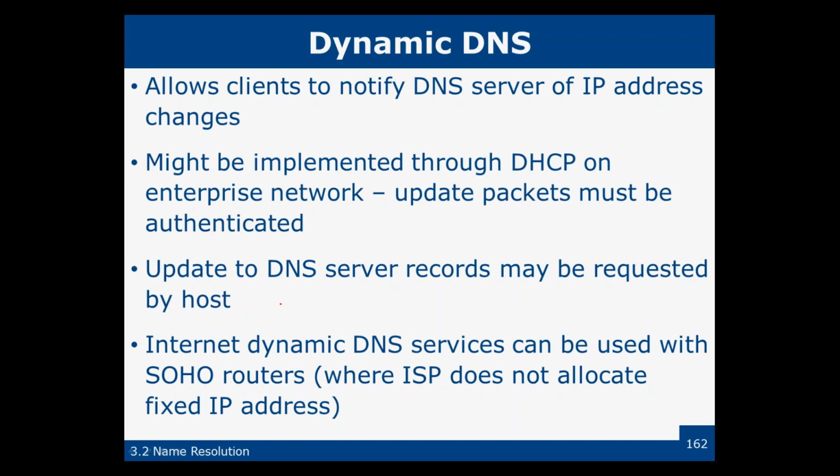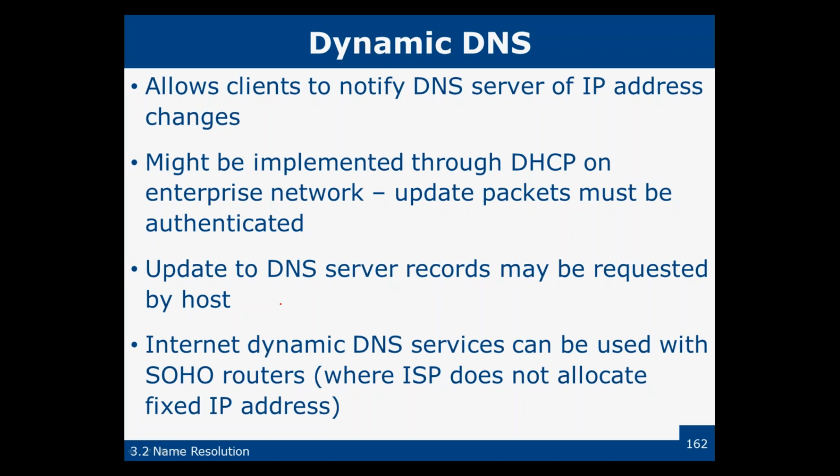The other thing that can be used if you don't have a permanent IP address assigned by your ISP, which most of us don't. We talked about DHCP. Remember, it renews and most of them are DHCP addresses. It renews at 50% of the lease time, and they tend to stay the same.